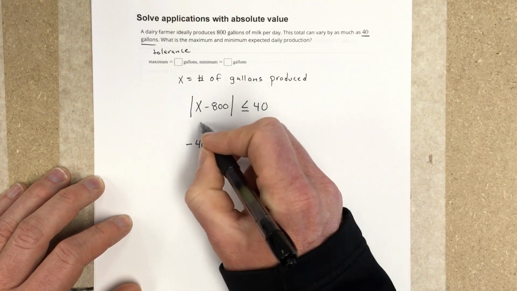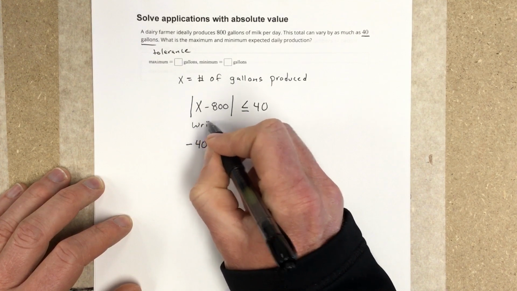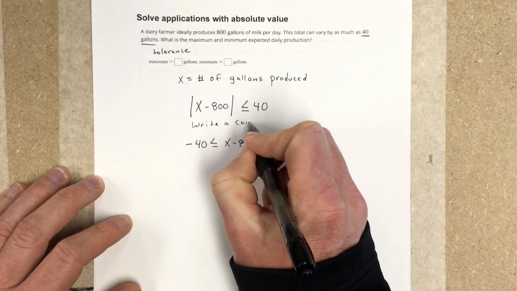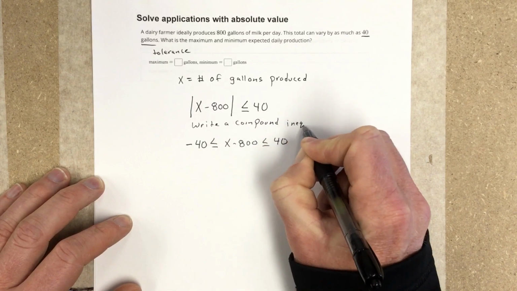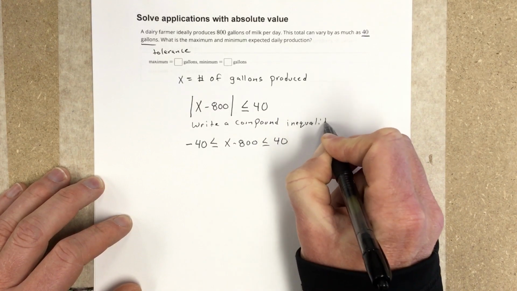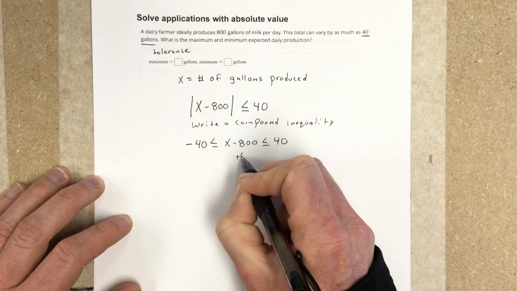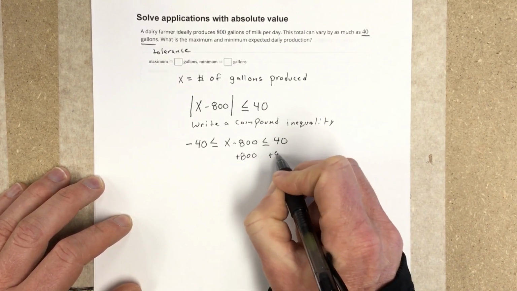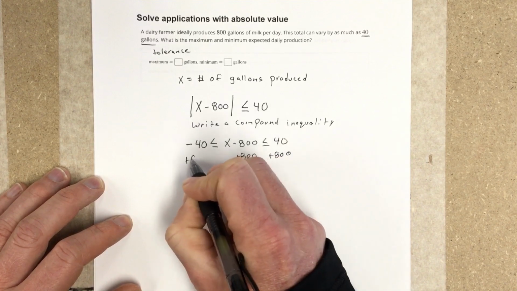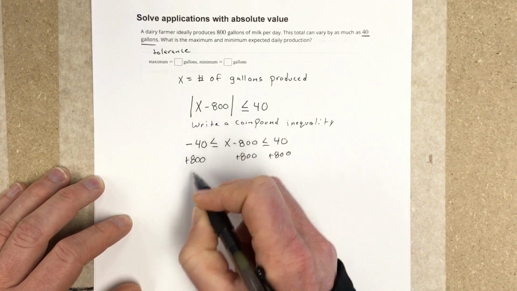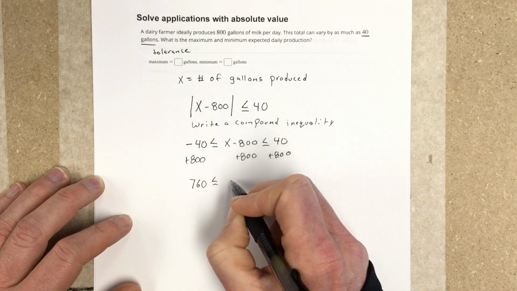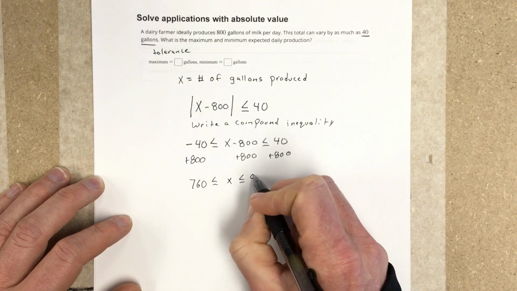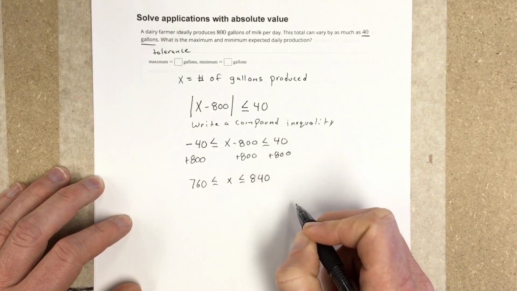Okay, so I write a compound inequality. And then I'm going to add 800 to each side. And that tells me that my minimum would be 760 gallons of milk, and my maximum would be 840 gallons of milk.